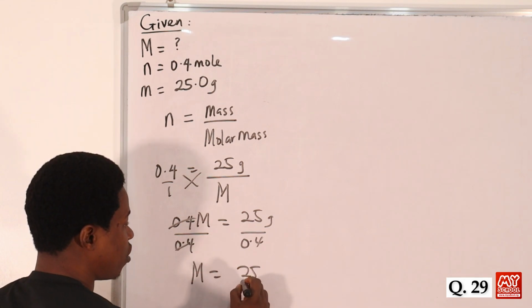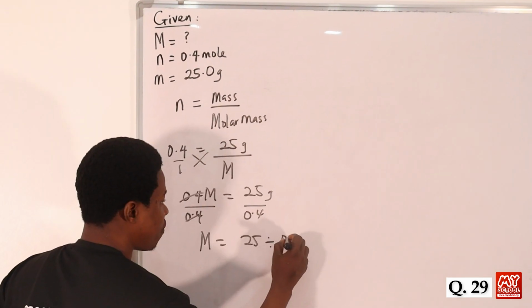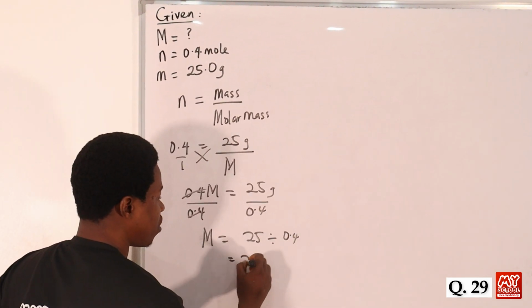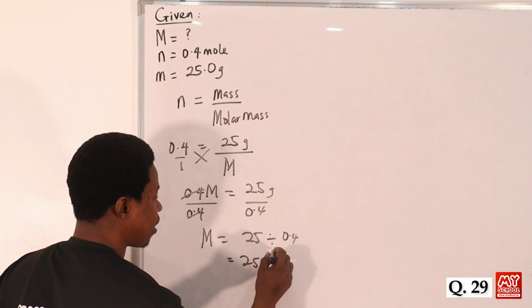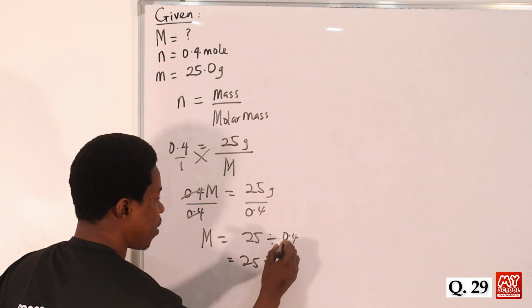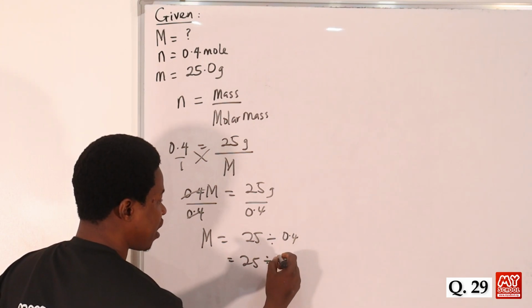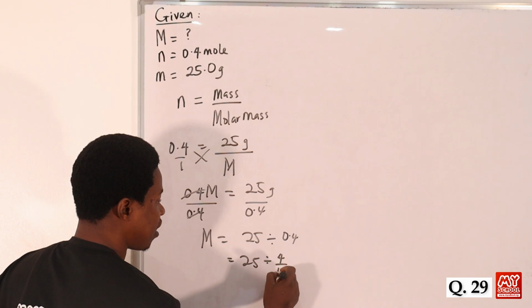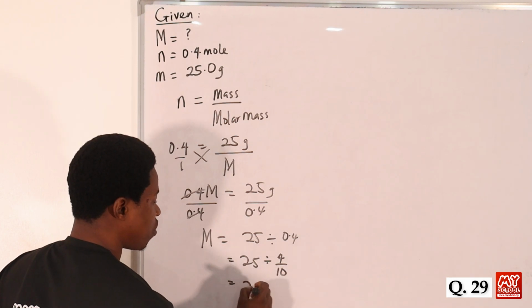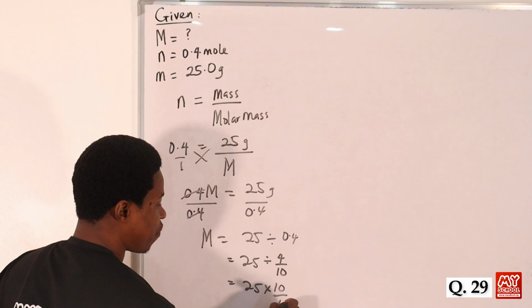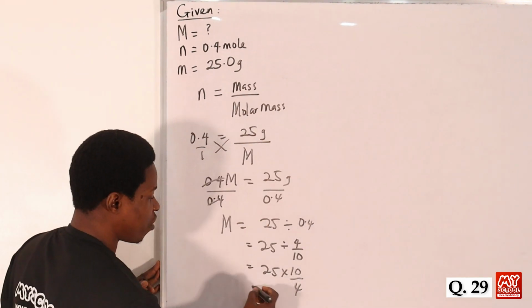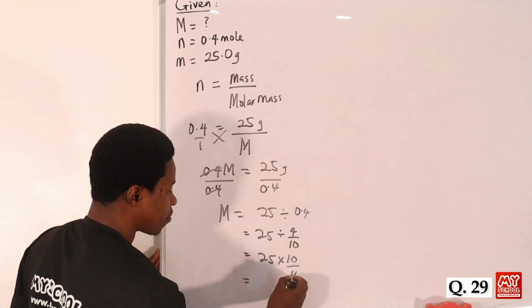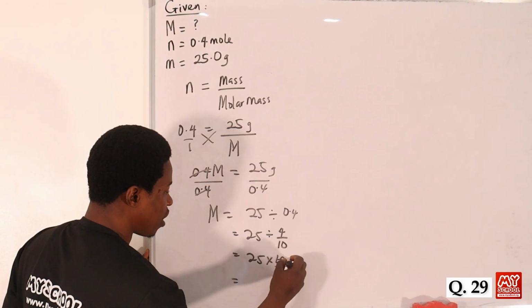So molar mass should be 25 divided by 0.4, which is 4 over 10, so that should be equal to 25 times 10 over 4. Of course, if you have a calculator, you just punch this. Two goes here, two goes here, that's 5.